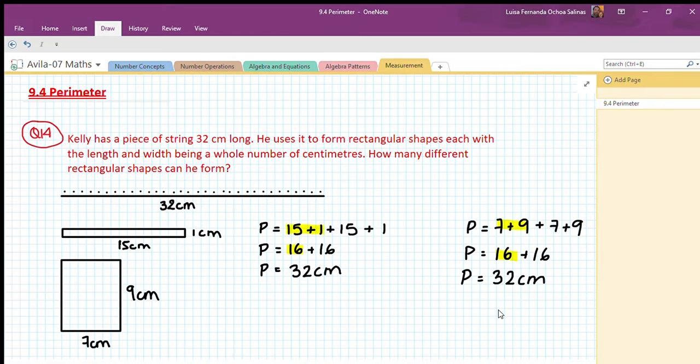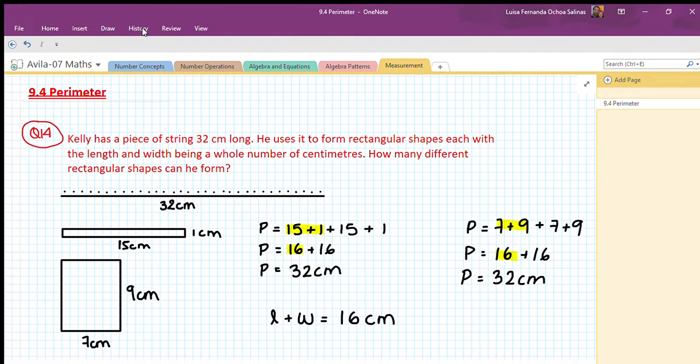What I need to do is that the length plus the width has to be equal to 16 centimeters. That's what I'm looking for. So I have to find all the combinations of the length and the width that add up to 16 centimeters.